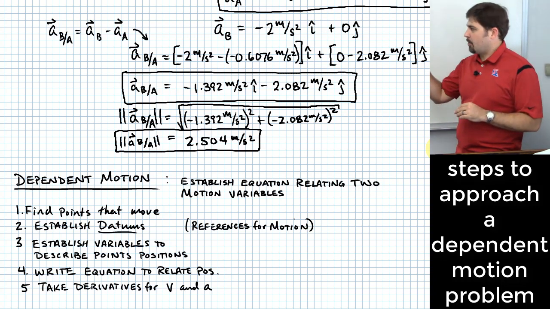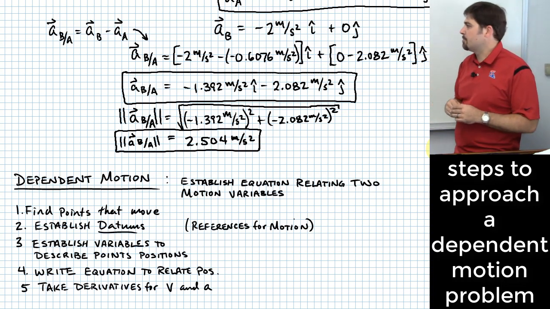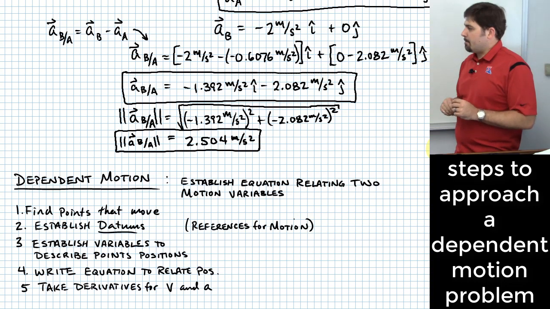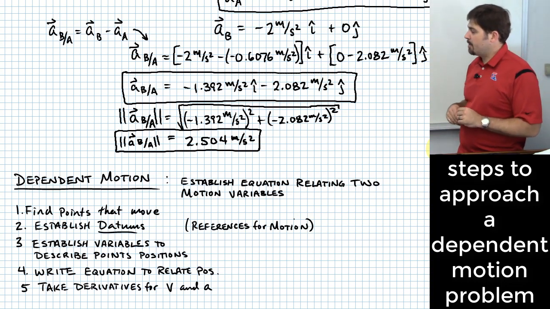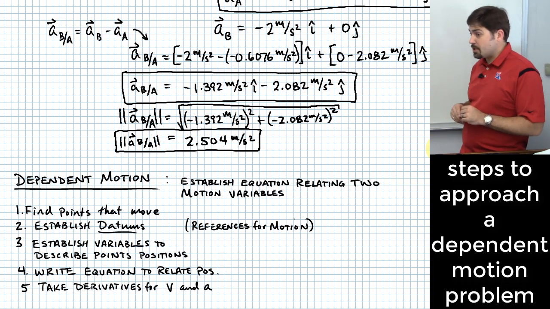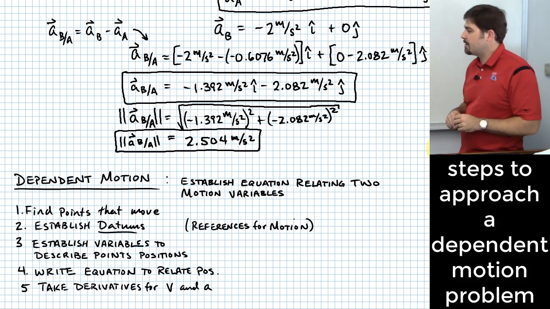That won't necessarily make a whole lot of sense until I do an example. So we'll just say that's the next step, is establish some datums. The next thing is to establish variables that describe those key points' positions in space, and you do that relative to the datums, right? So what is the position of this key point relative to this fixed location?